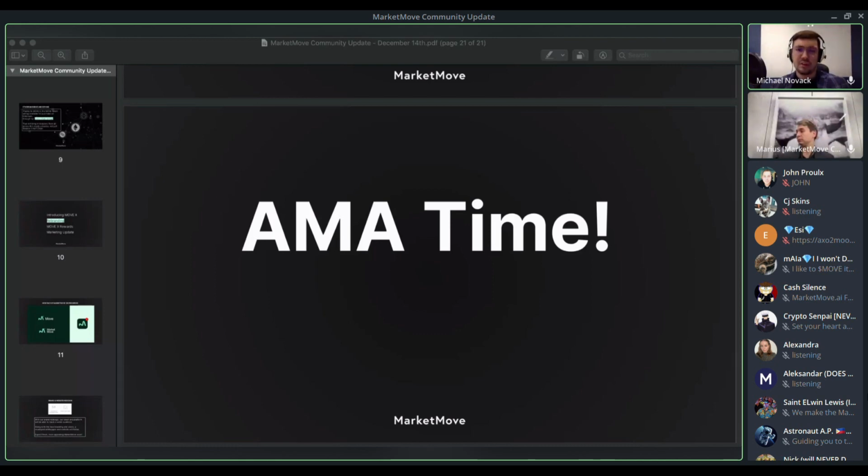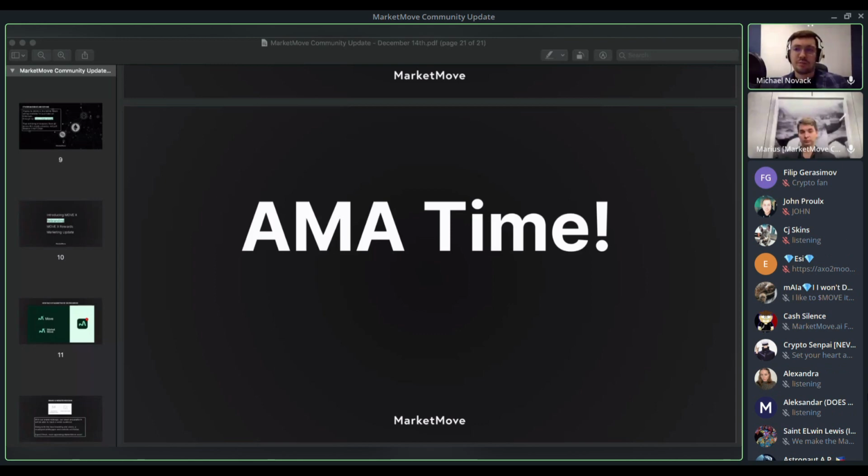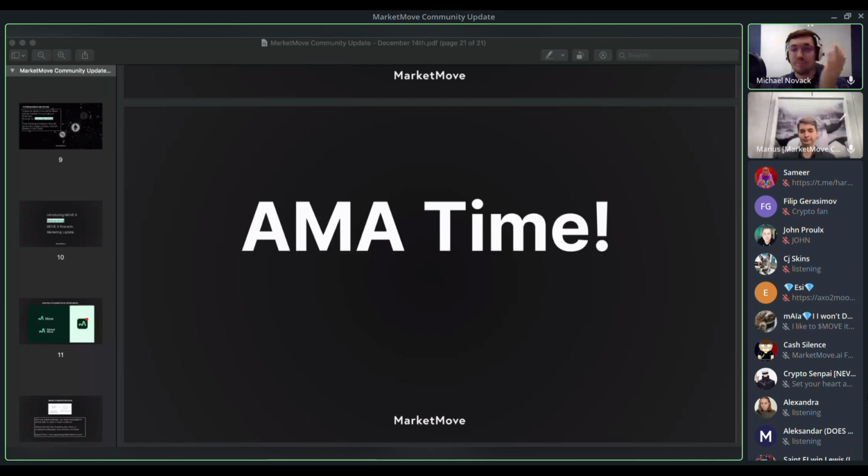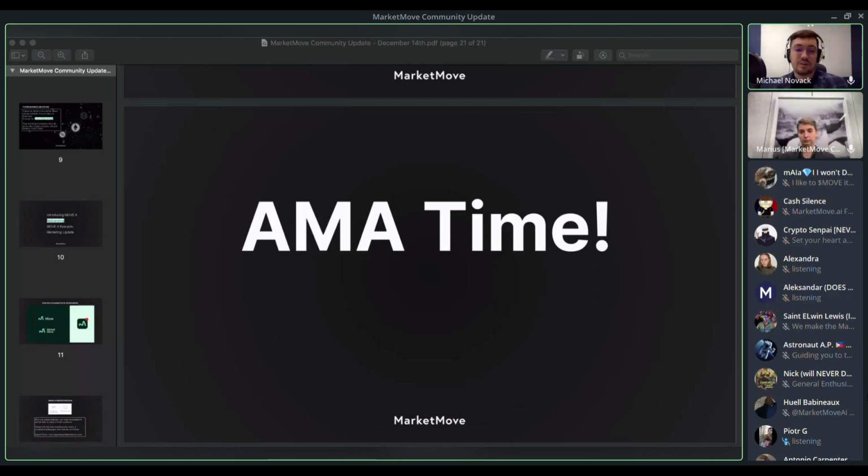So for marketing in the short term, the previous growth of the token itself was caused by a few factors. One of them was paid marketing, especially paid ads. So we'll continue with that. We are setting up our Google Ads accounts and so on, just to make sure it can proceed seamlessly.